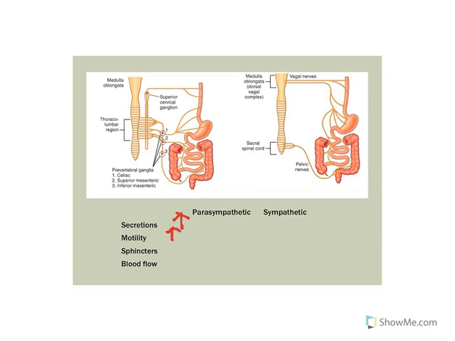You need secretions, which will be things like enzymes and mucus to help aid in digestion. It's going to relax sphincters because I want things to move along through the digestive tract. And it also helps to aid in increasing blood flow. Now, the parasympathetic division is indicated over here.